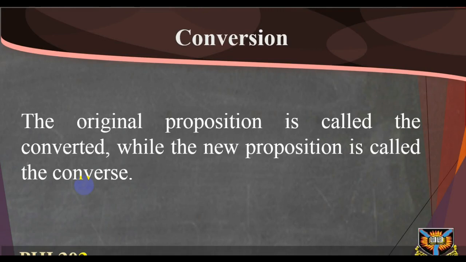Converse. No graduates are teachers. Obverse. All teachers are non-graduates. Contrapositive. No non-graduates are non-teachers. From the foregoing, we can infer that conversion and obversion are valid for 1, while contrapositive is not valid for it.